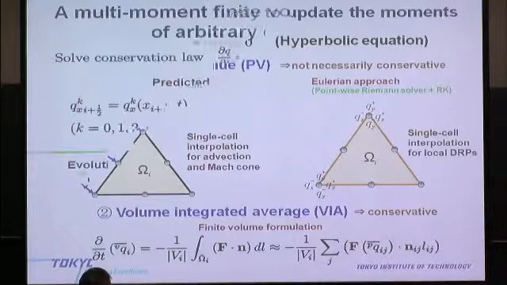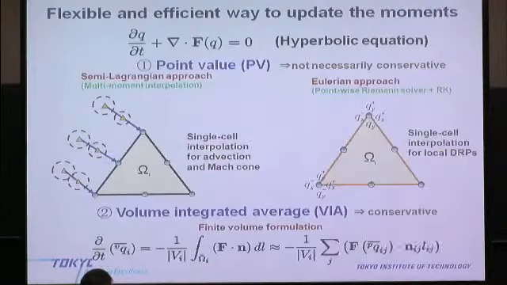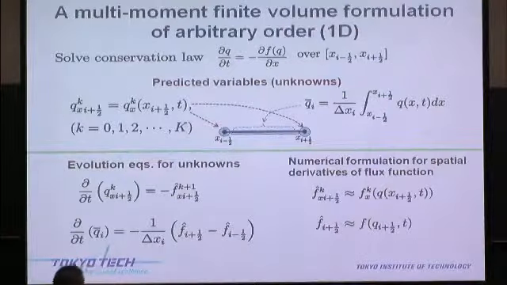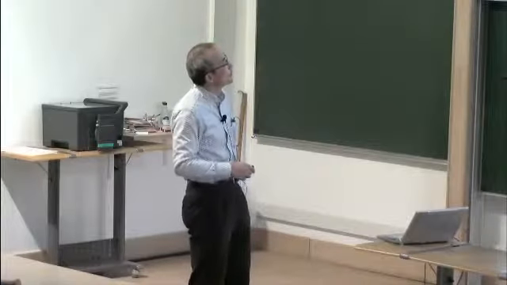And I will just show you with a concrete example how we do that. This is the 1D multi-moment finite volume method, with which we can design the scheme up to arbitrary order of accuracy. This is a 1D conservation law. We always suppose that it is a hyperbolic type of equation.